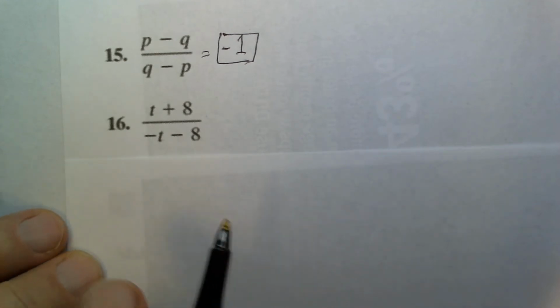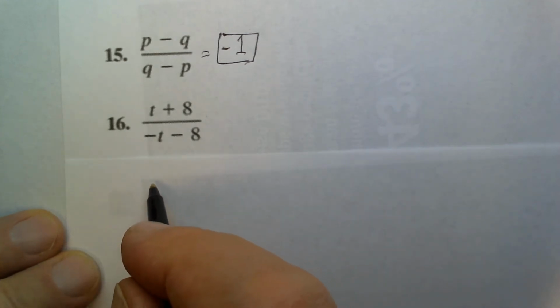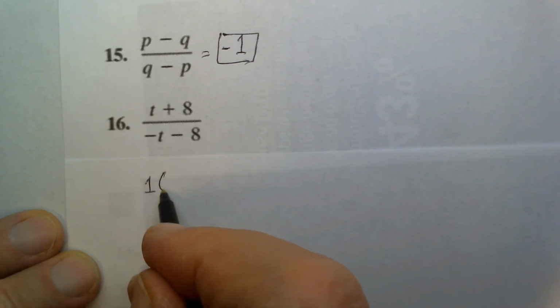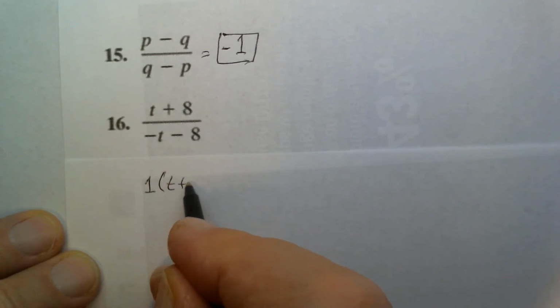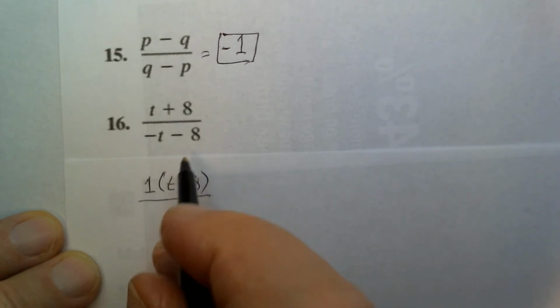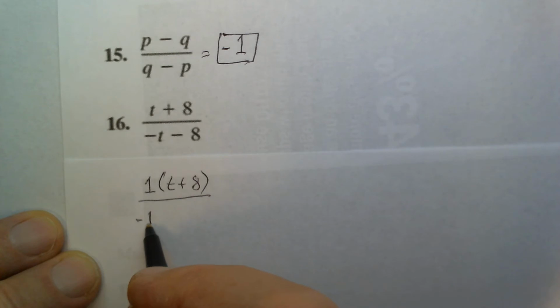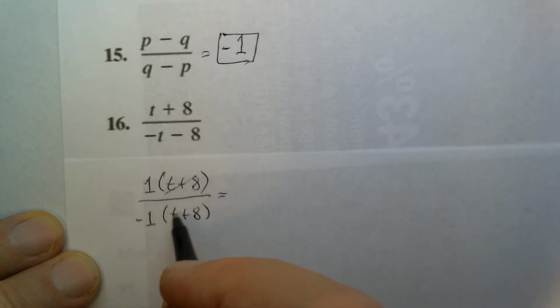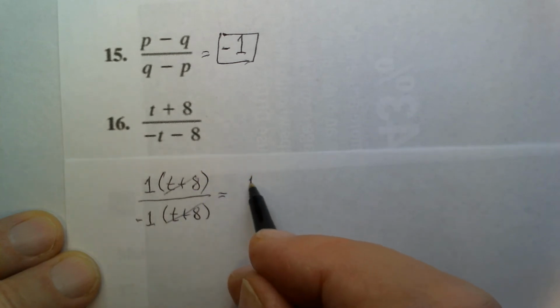Number 16 is somewhat similar. T plus 8, we can factor out a 1. Again, 1 times t plus 8. And in the denominator, we can factor out a -1. We get a t plus 8. Now we can cancel the t plus 8. And we get 1 divided by -1.